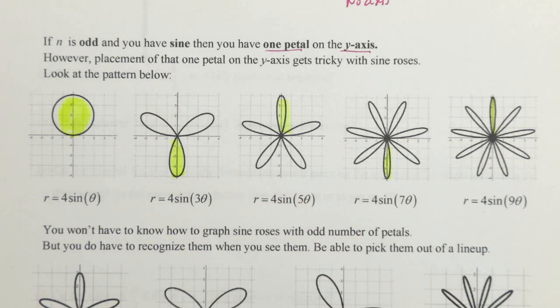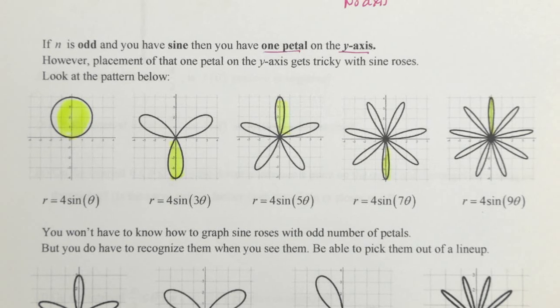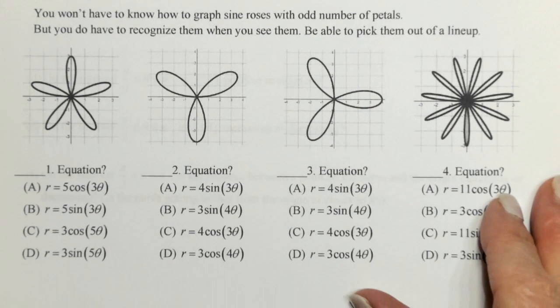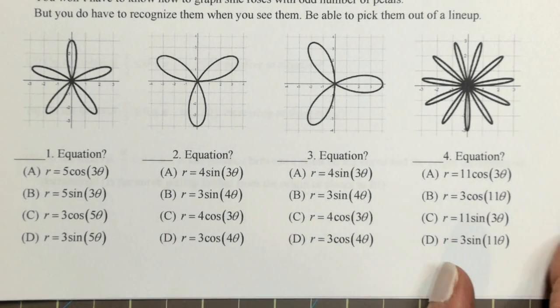It alternates back and forth like that. FYI. So I could require it of you, but you just don't need to know that. Alrighty? So this is how you might be asked a question.